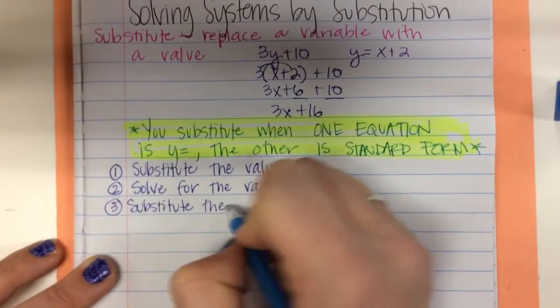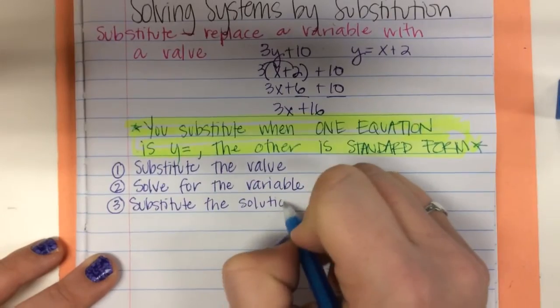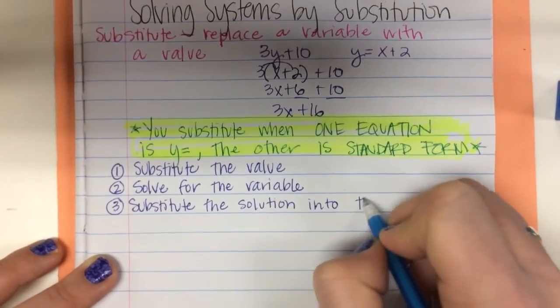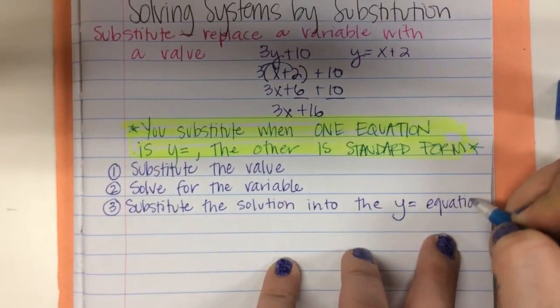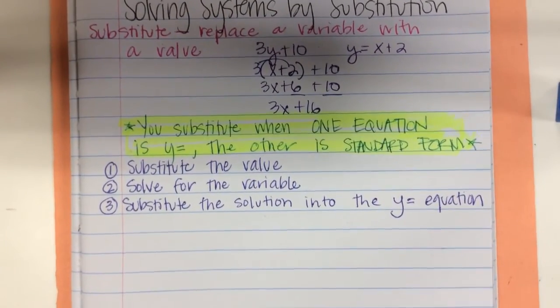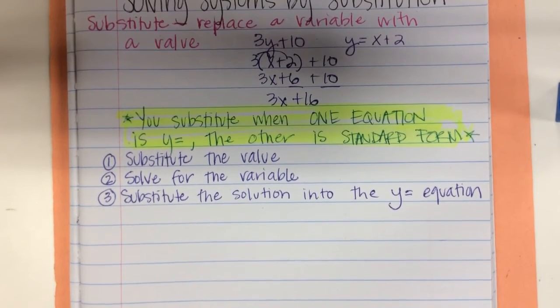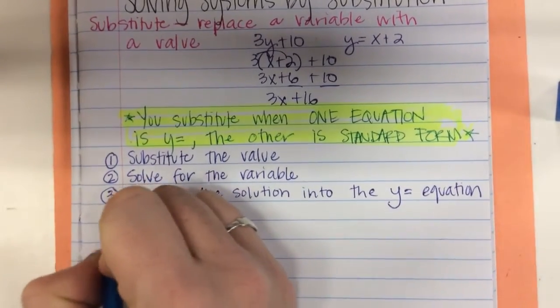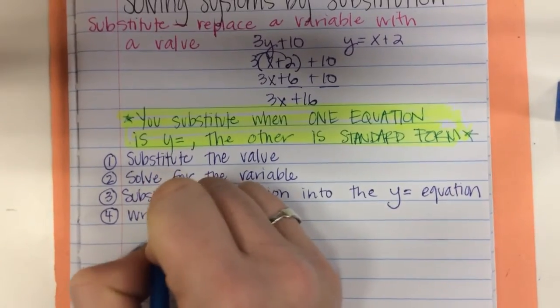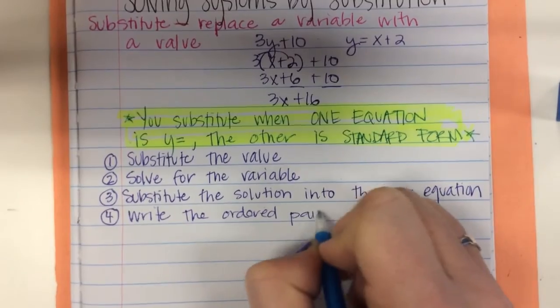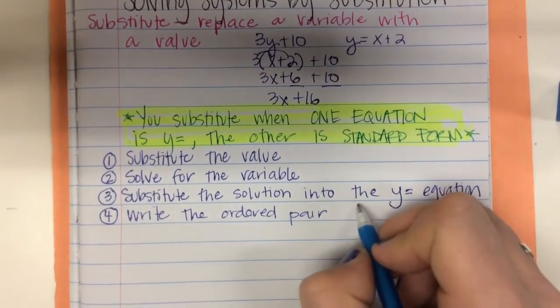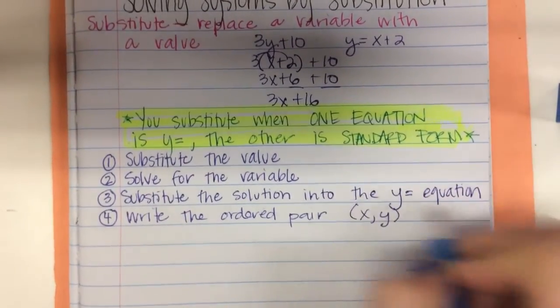Substitute the solution into the y equals equation. Number 4, write the ordered pair, the x value and the y value.